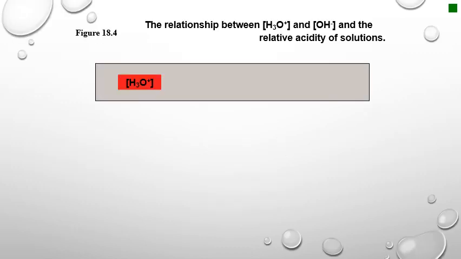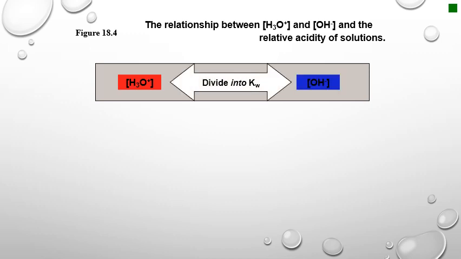So now if we look at the H3O plus compared to the OH minus, I can find one from the other by dividing into that Kw, so 1 times 10 to the minus 14th divided by a concentration.